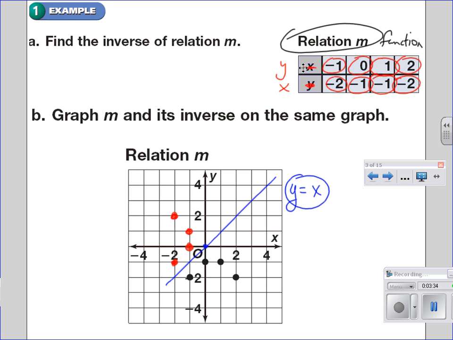And you'll see right here, I get a breakdown here for x of -1. I get two y values. I get a y value at 0, and I get a y value at 1. So this does not pass the vertical line test. So the red, the inverse, is not a function.